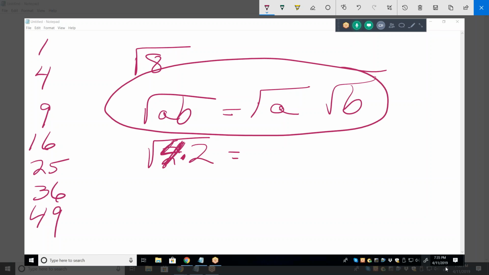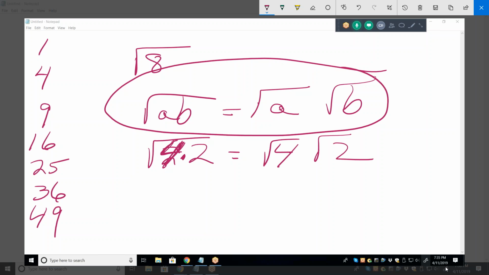Based on the fact that the square root of a times b is equal to the square root of a times the square root of b, what is the square root of 4 times 2? Square root of 4 times square root of 2.